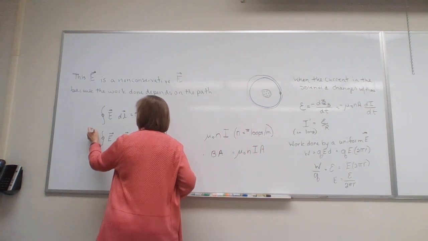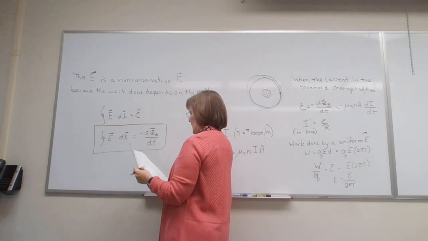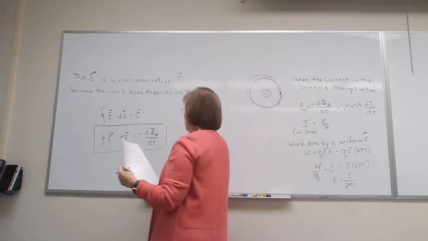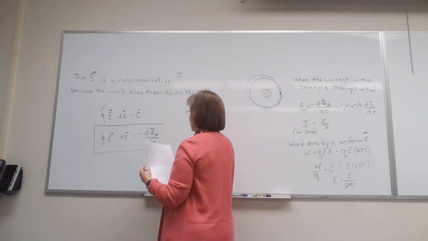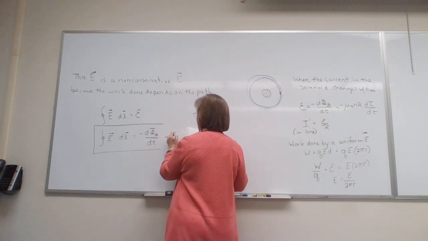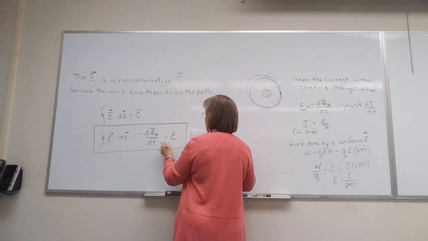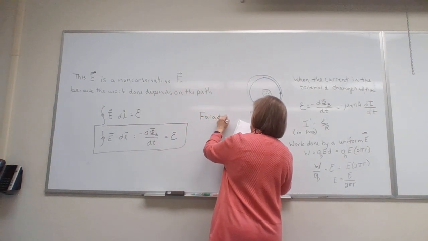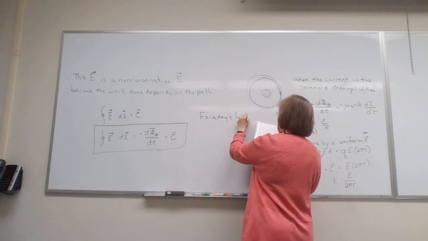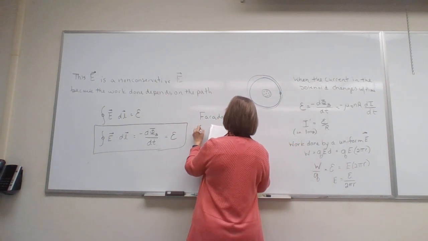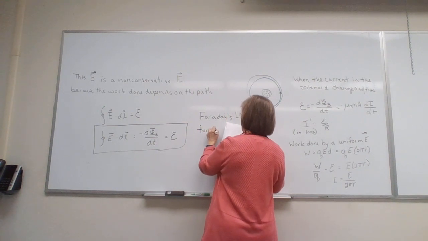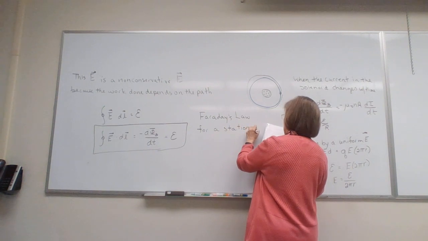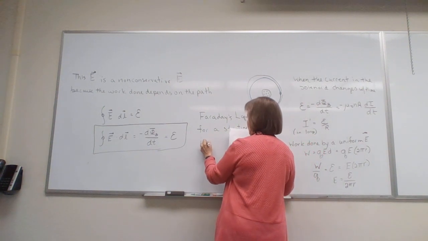In other words, we've got two different ways to find the same thing now. I'm going to add something. That's also E, right? This is Faraday's law, for a stationary integration path.